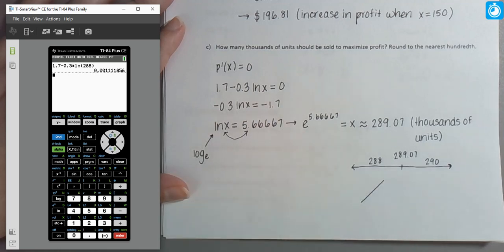Now what happens when we cross over the critical value and get to 290? So 1.7 minus 0.3 times the natural log of 290. Well, now we go to a negative value. That E means scientific notation. Essentially that means take the decimal that you see listed and move it 4 places to the left and then just fill in zeros where you have holes.